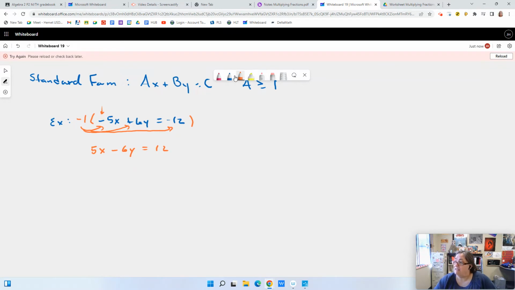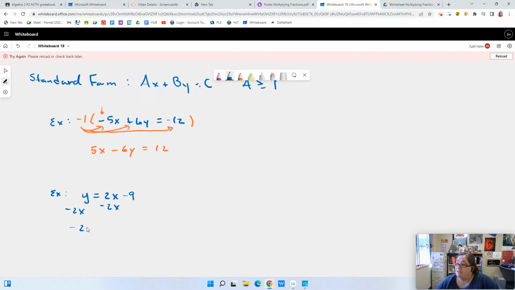It won't always be that easy of a fix, though. Sometimes we'll have stuff like y equals 2x minus 9. Now, in my personal opinion, I don't know why we'd ever want to change it from this form, because this is our slope intercept form and it's super useful. But if we were being told we had to put it in standard form, what we know is we're going to want to move this 2x over. We'd want to subtract 2x from both sides.